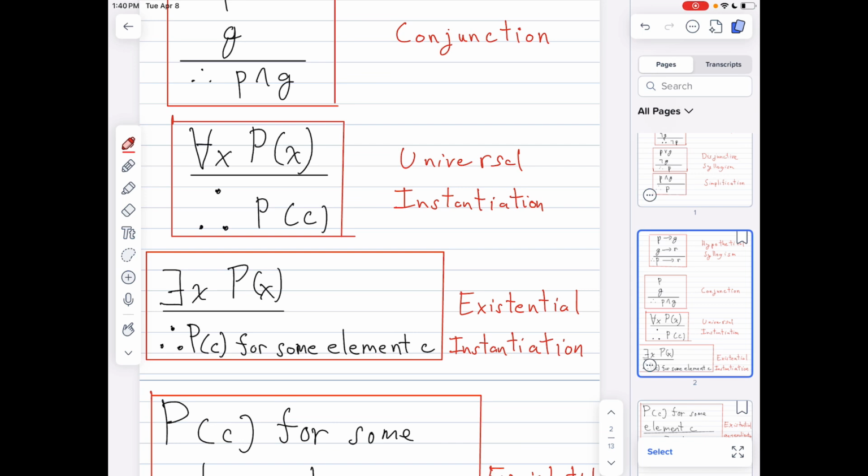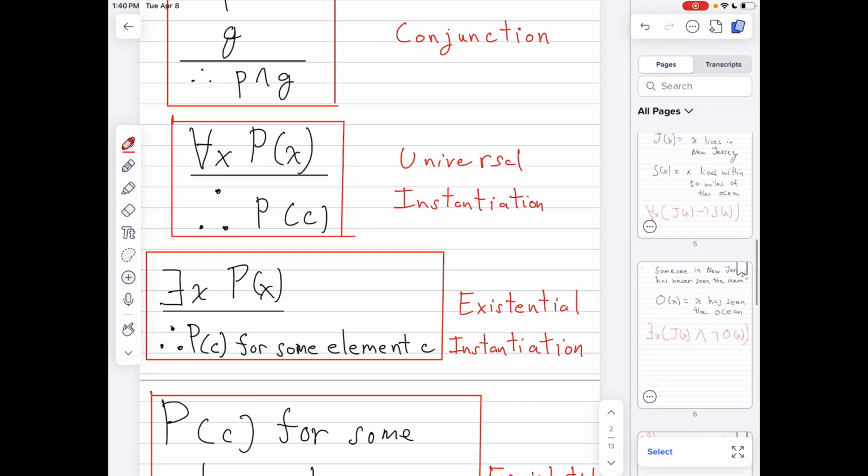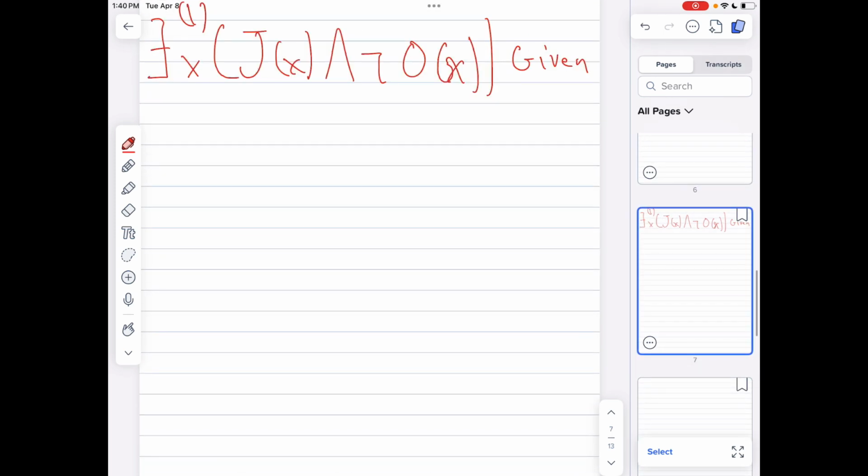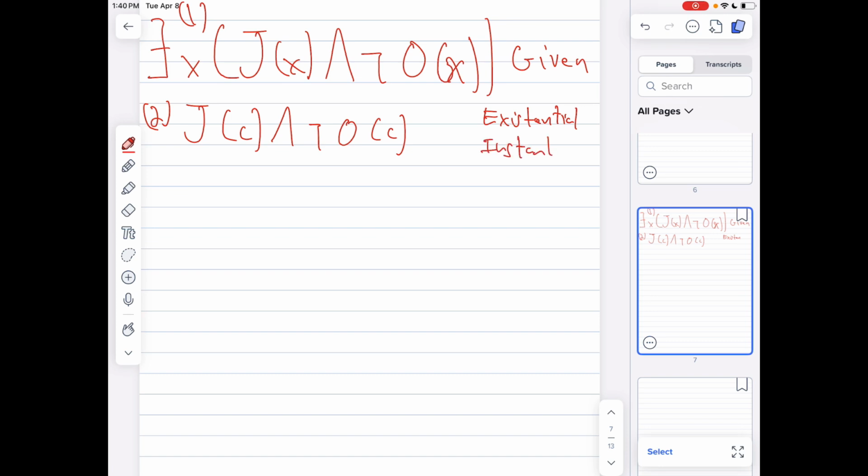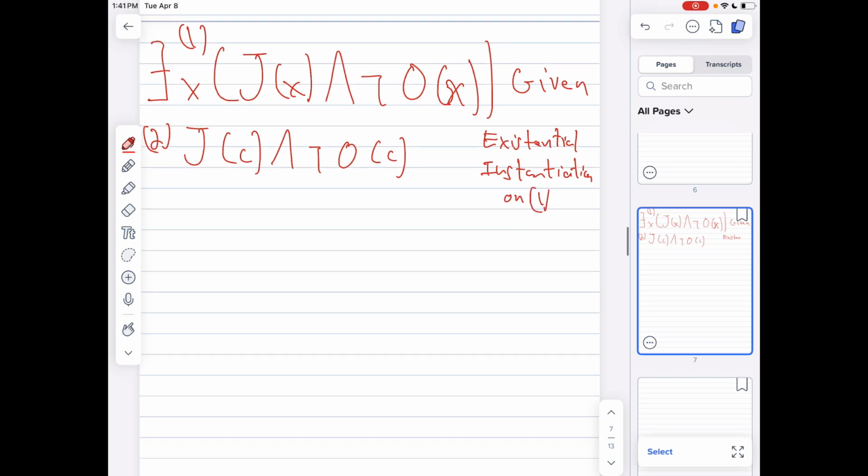So we can use that here. I would write 2: J of c and not O of c, and the reason is existential instantiation on 1.